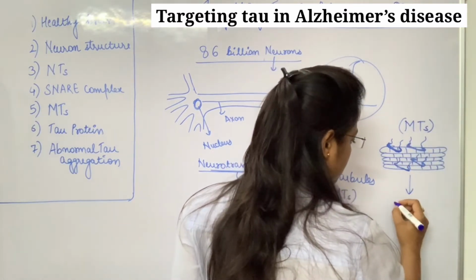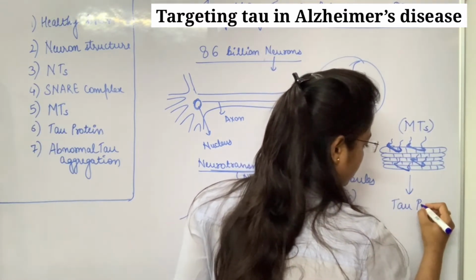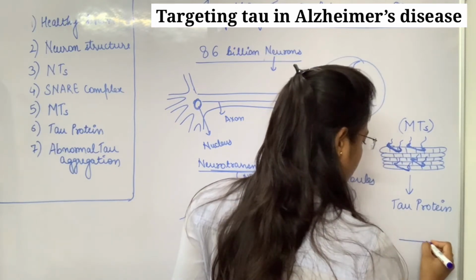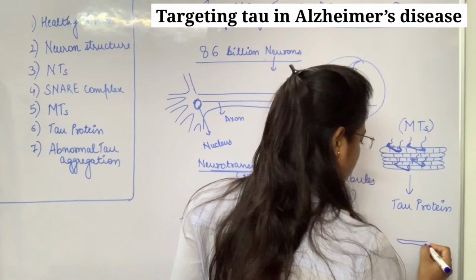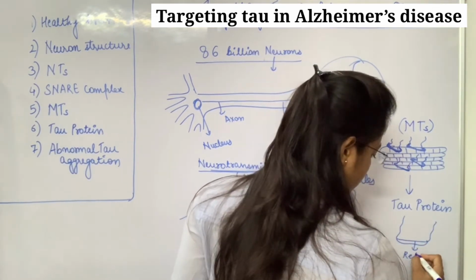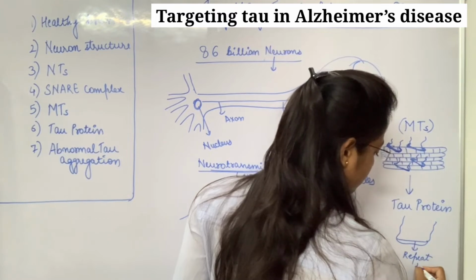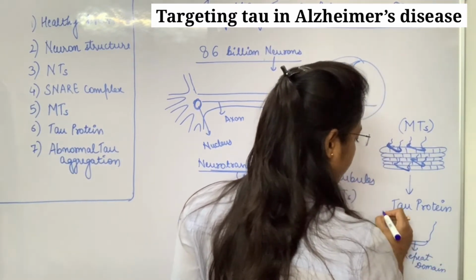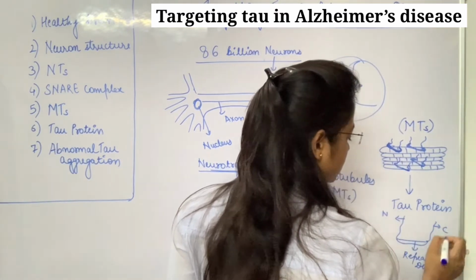Now the structure of tau protein. This is the repeat domain. This is the N terminal and this is the C terminal.